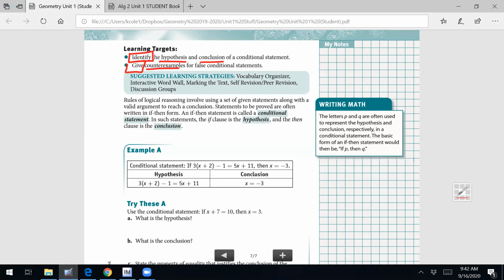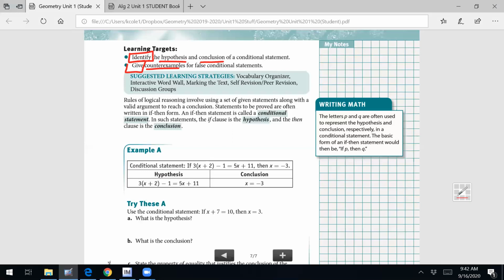Statements to be proven are often written in if-then form. An if-then statement is called a conditional statement.